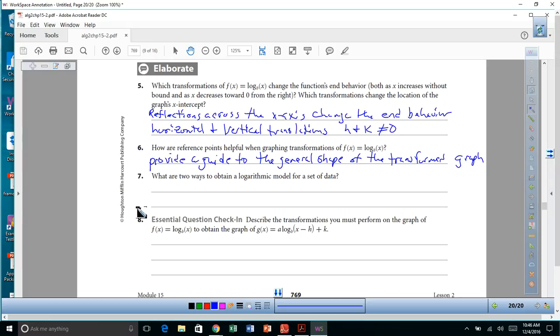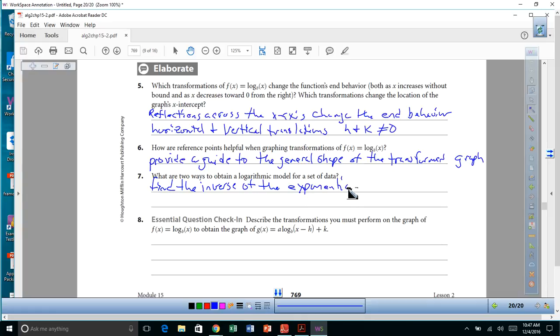Well, you can find the inverse of the exponential model.